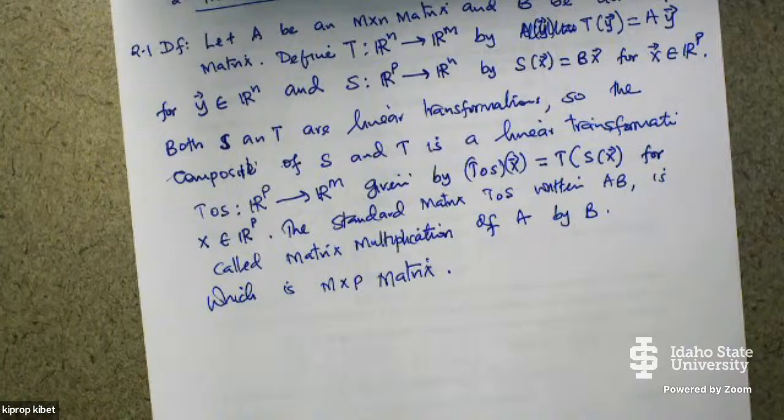This is a lot which you don't have to remember. The only thing you need to remember is that when you multiply matrices, you multiply an M by N matrix by an N by P matrix.